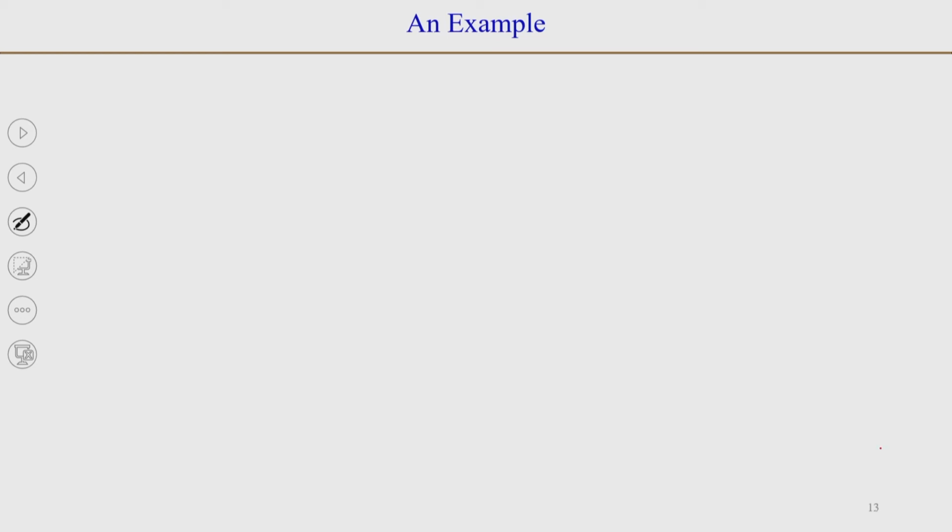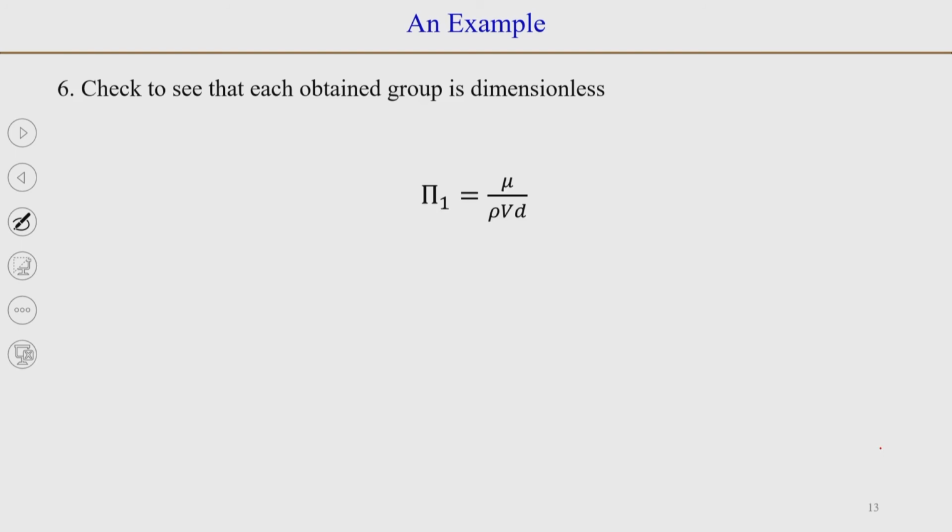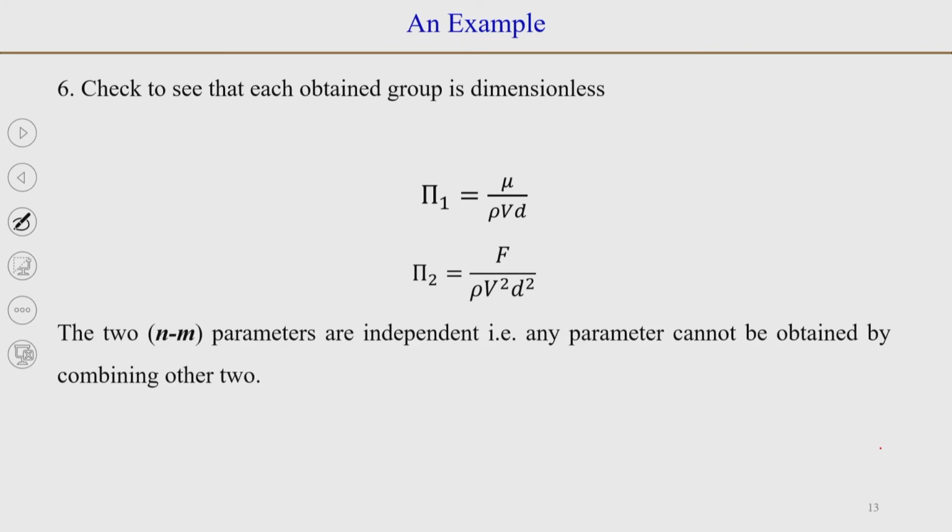Okay, so we have obtained two dimensionless groups. Just to make sure that these groups are dimensionless and our calculations are correct, we should check again that the dimensionless groups we have obtained actually have 0 dimensions in all the base quantities, in this case M, L and T. We can also see that these dimensionless groups are independent of each other.